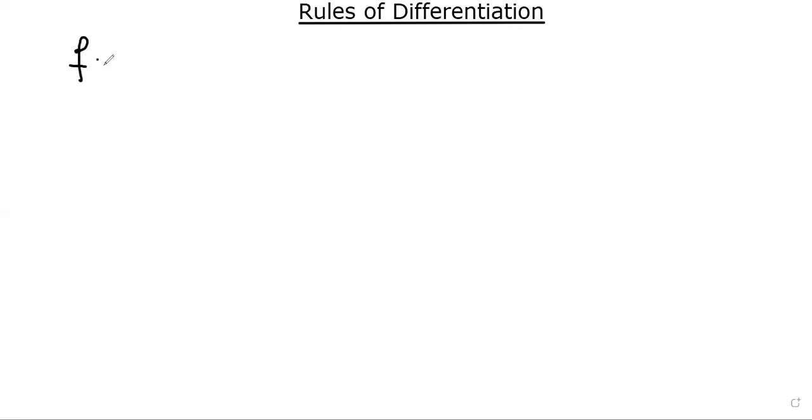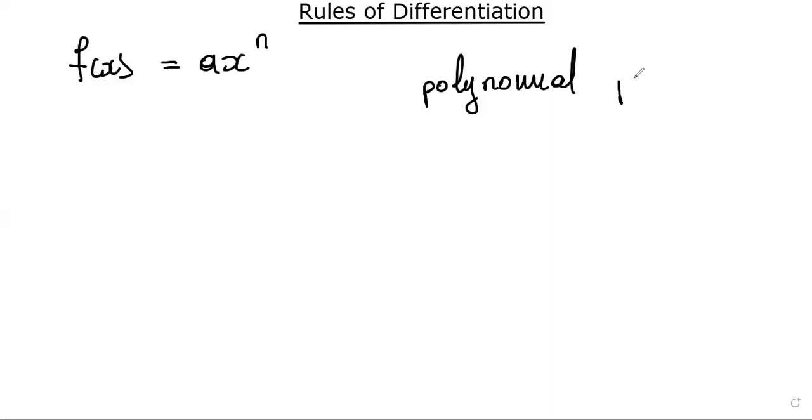We need to let f of x be a certain function, ax to the power n. In other words, your function has to be a polynomial or it has to be a power function. So examples of power functions: x to the power 2, x to the power 10, and so forth.